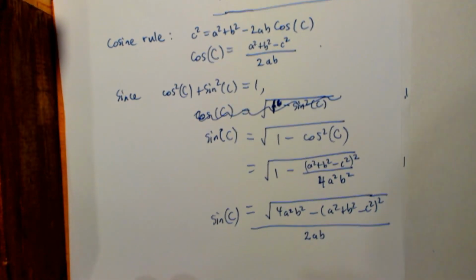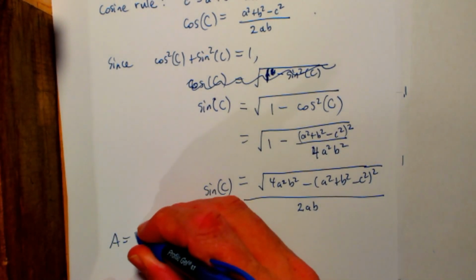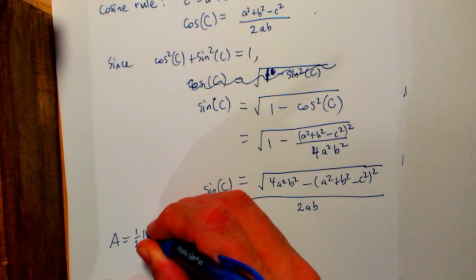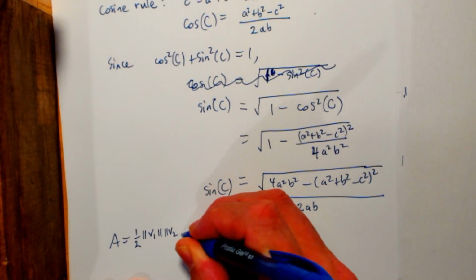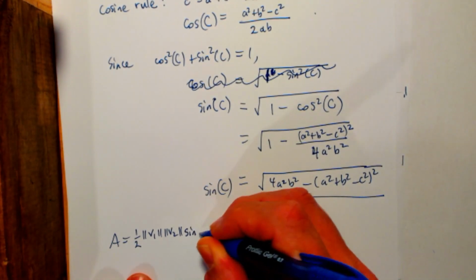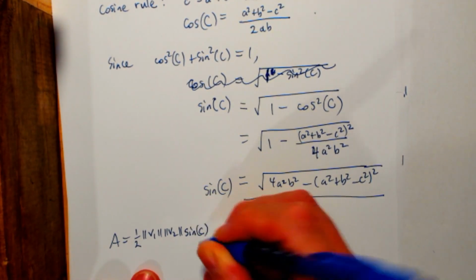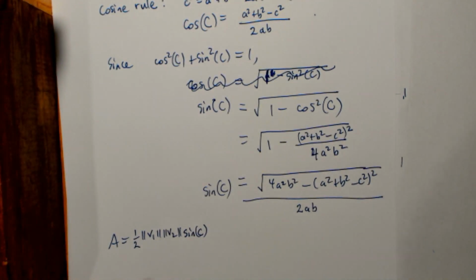Okay, finally, from the cross product, the area is 1/2 of the norm of v1 cross v2, which is 1/2 of ab sine c, right? So that's what we got from the cross product formula.